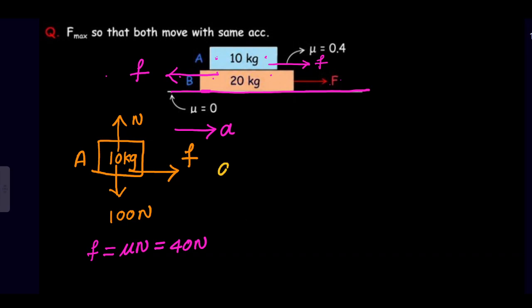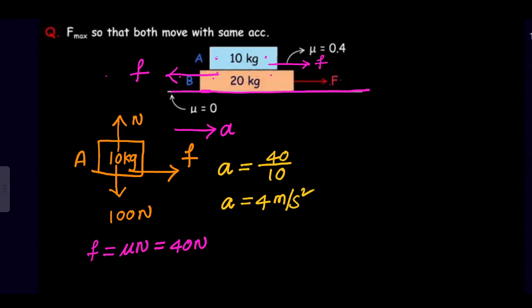How much is the acceleration? On this block, which force is acting? Only one force, the frictional force. So that means 40 by 10. How much is the acceleration? 4 meter per second square.